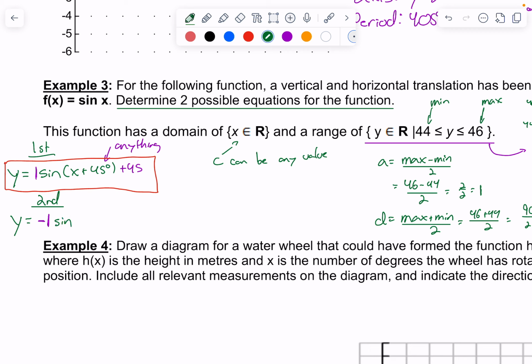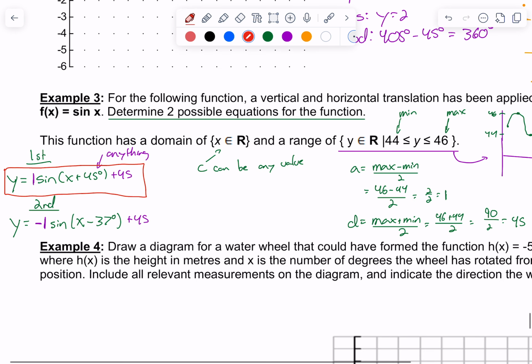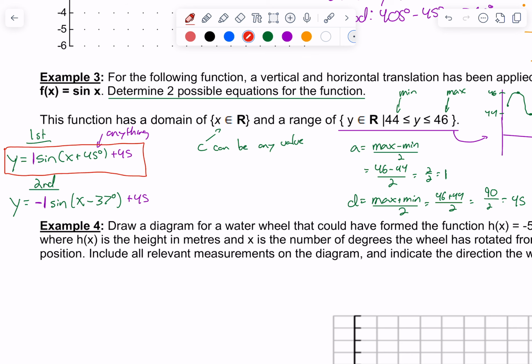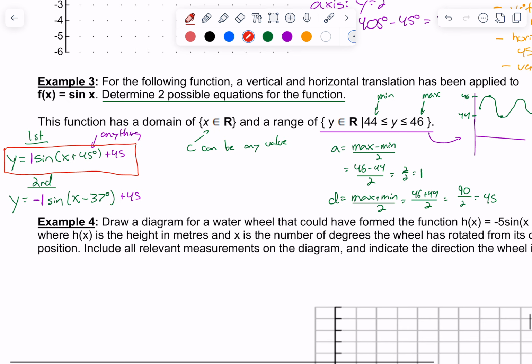And I can make the phase shift anything else. I can also say, why not make it a weird number, like 37 degrees, plus 45. It doesn't matter. Really, it's just understanding how to go from domain and range to get your D, your A, and your C values. So there is your second equation.